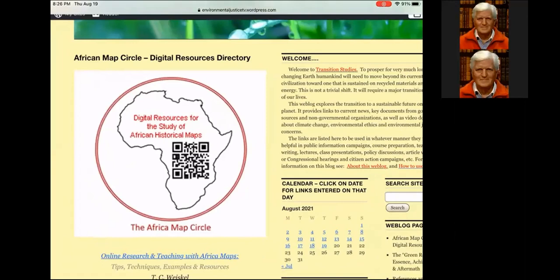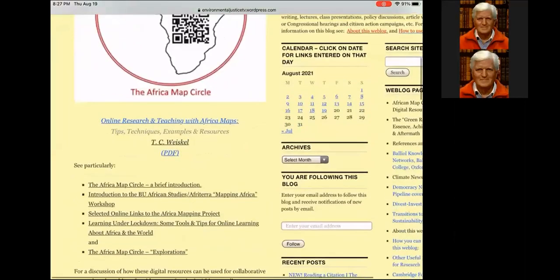So let's now take a look through the Africa Map Circle Digital Resources Directory, how we can look at some of these 18th century, 17th century, and 19th century maps of Africa and share them digitally across space and time.